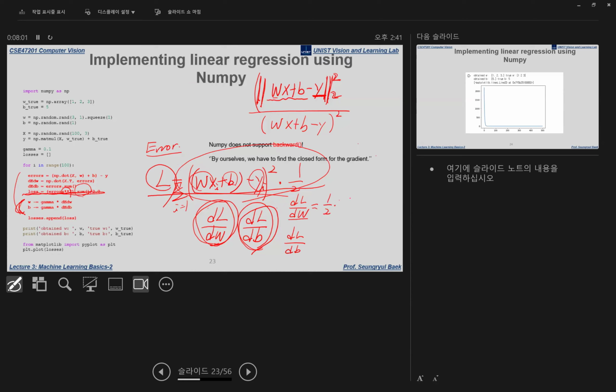So one half, and if we differentiate this with respect to W, and there should be some over n. And then this is a bit narrow, so I will write it in a bigger space. Sorry.